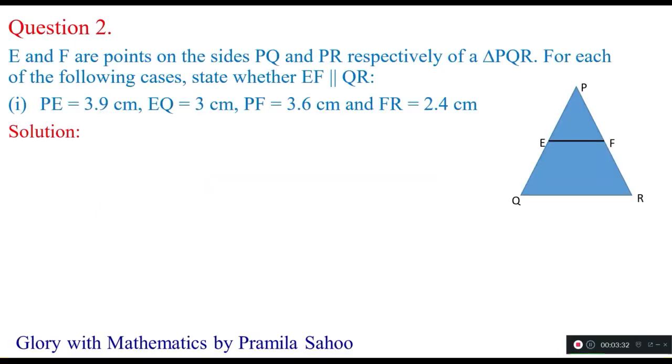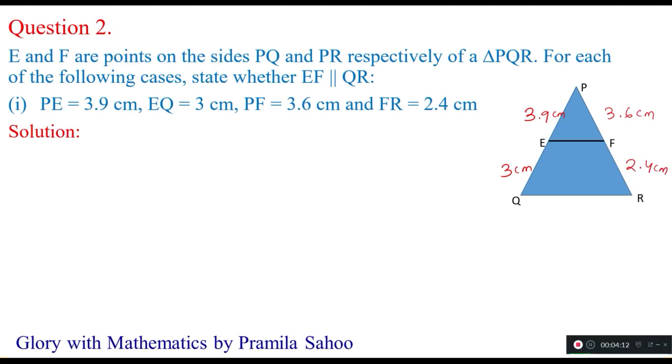Next, question number 2. E and F are points on the sides PQ and PR respectively of a triangle PQR. For each of the following cases, state whether EF is parallel to QR. So here for the first figure, it is given that PE is equal to 3.9 centimeter, EQ is equal to 3 centimeter, PF is equal to 3.6 centimeter and FR is equal to 2.4 centimeter.